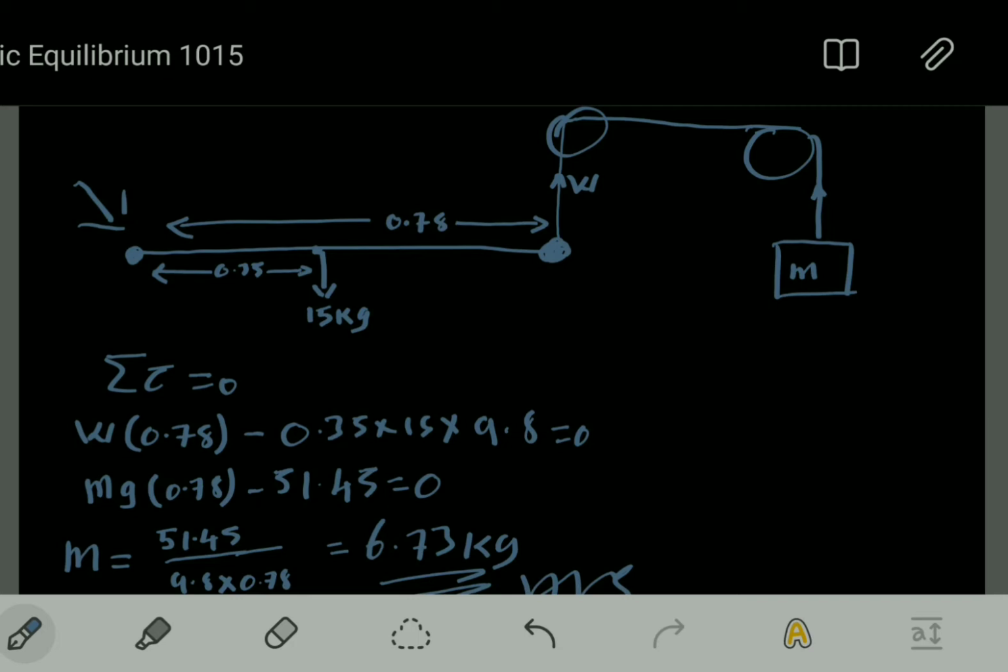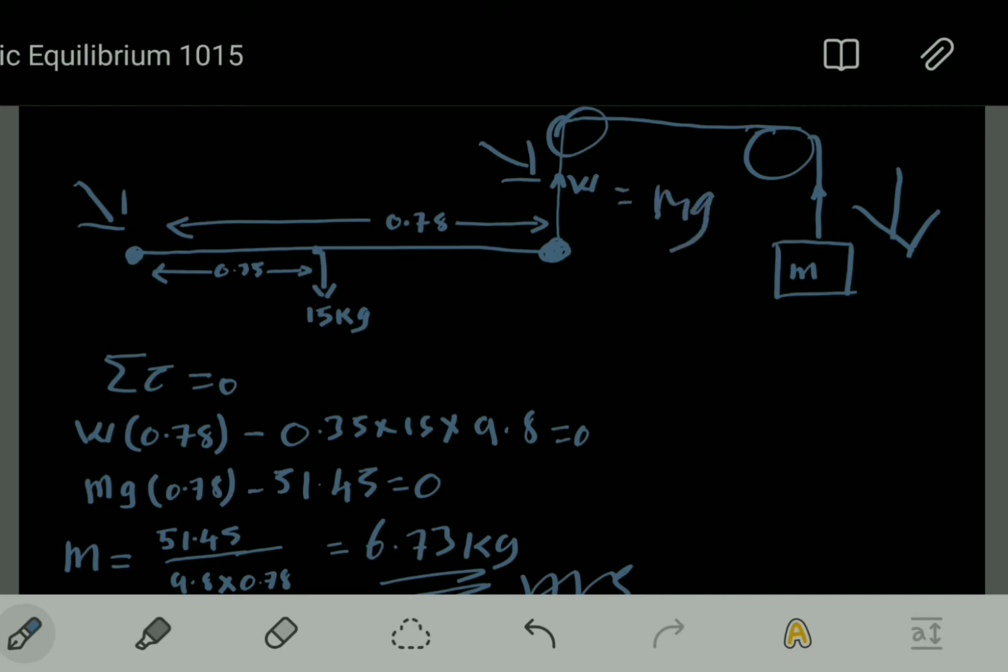Notice that there's a mass here that is pulling downwards, but the tension is acting upwards. Therefore this tension is equal to the weight of this mass, and the same tension will be acting in this other chord here. So therefore this W is the same as mg.